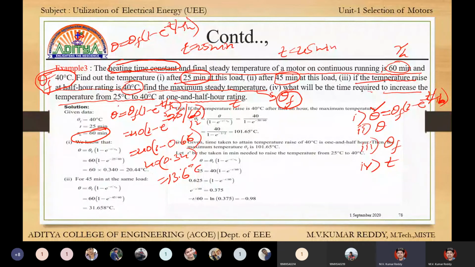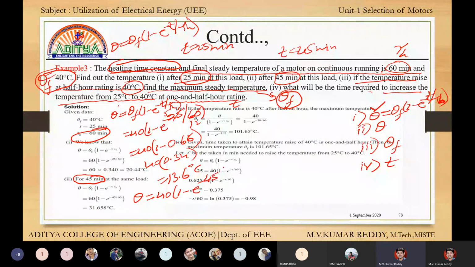This is the value. Now the second one: if t is equal to 45 minutes. Now the same formula. What is theta f? Theta f is 40 into 1 minus e power minus t value.